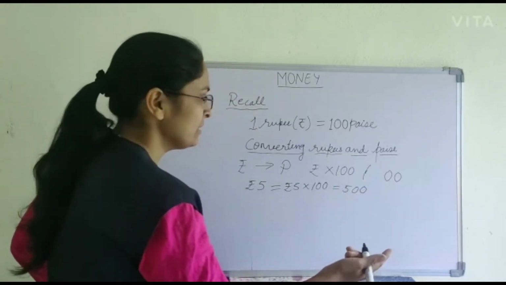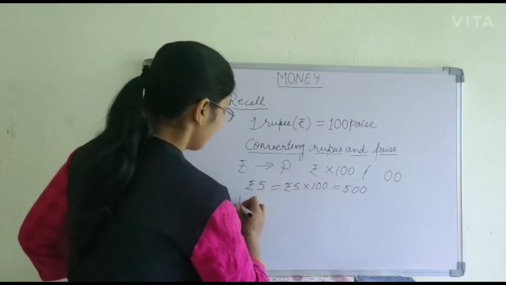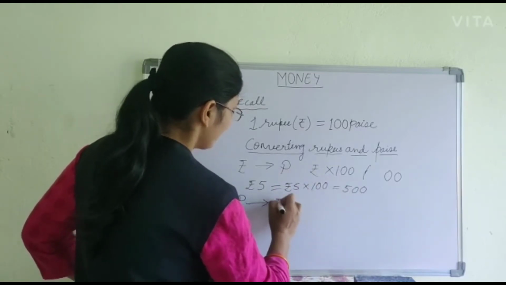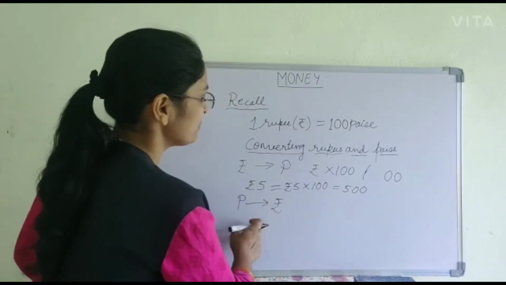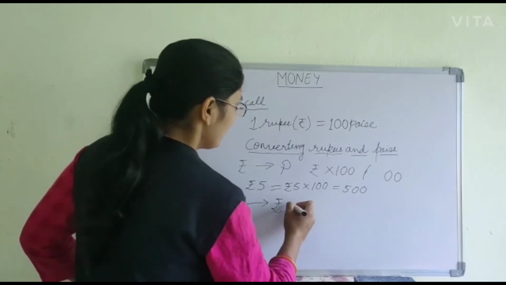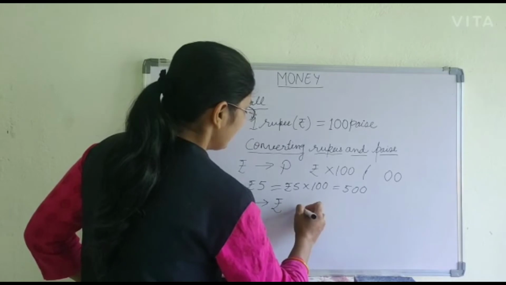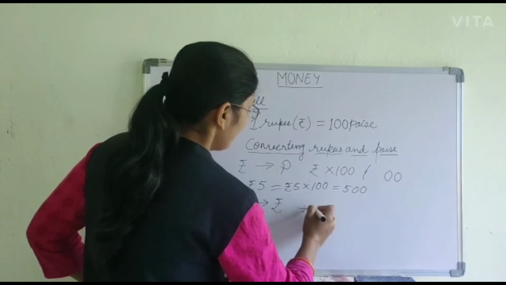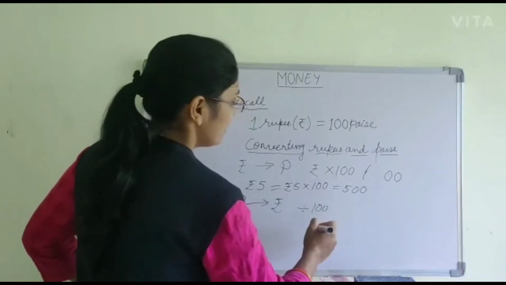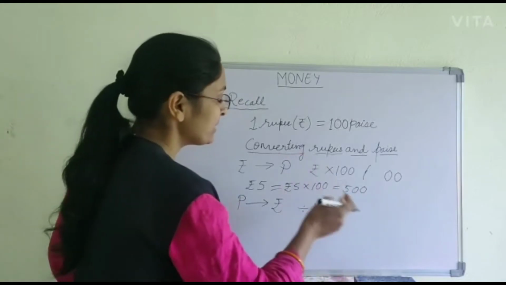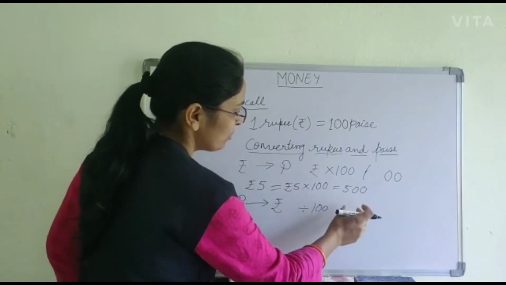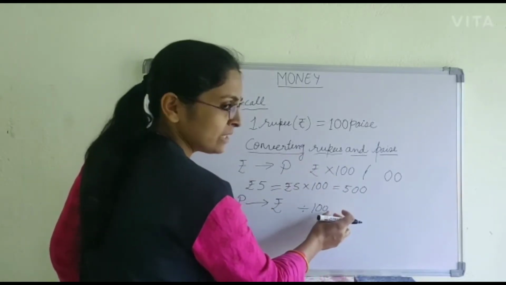Now the opposite: convert paisa to rupees. To convert paisa to rupees, we have to divide the amount of paisa by 100, or put the decimal 2 digits from the right.